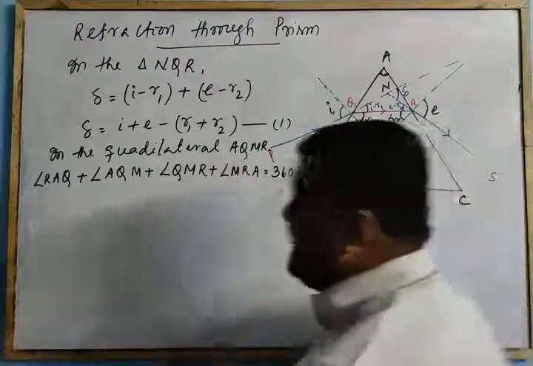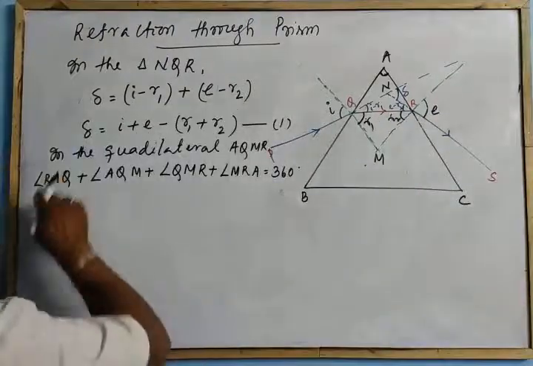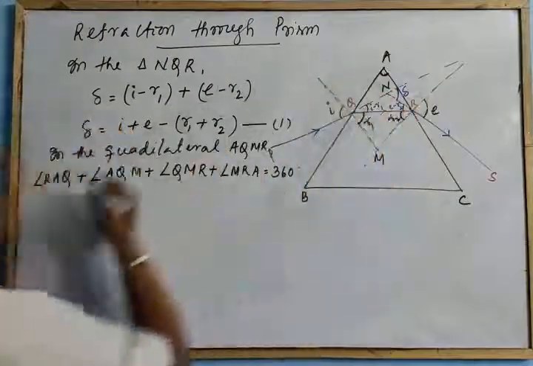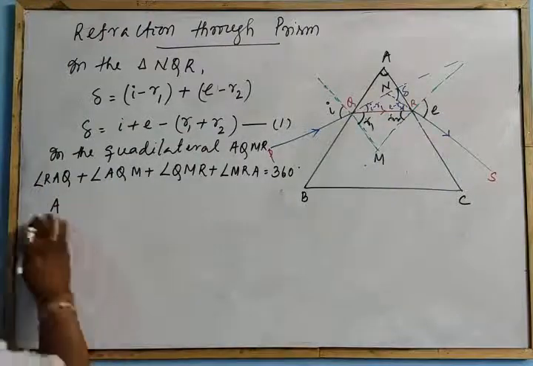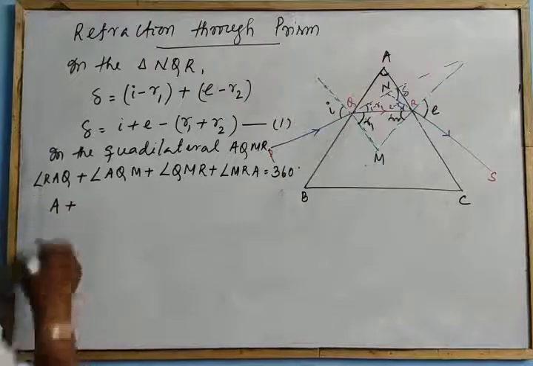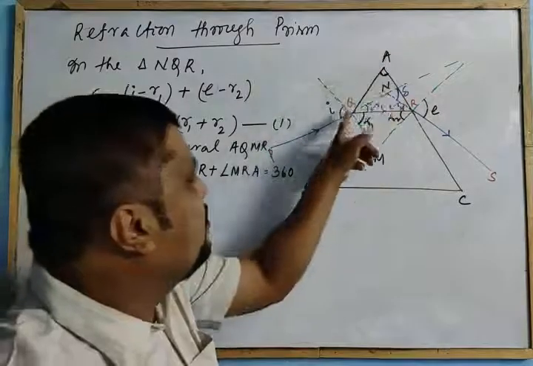Now in this case, what is RAQ? RAQ is simply the angle of prism, A. Notation for this is the angle of prism, plus angle AQM.